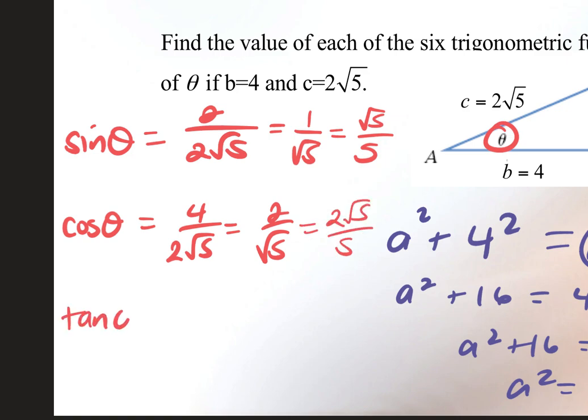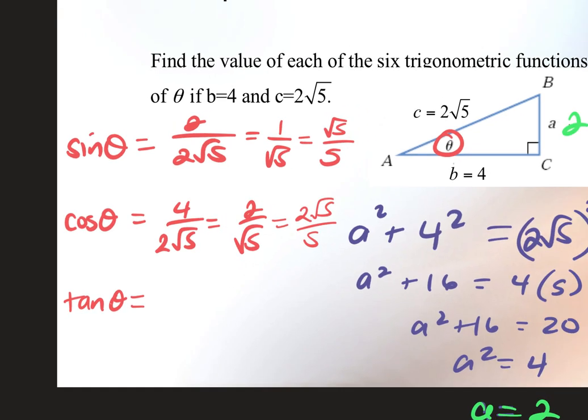And the tangent of theta is opposite over adjacent, so 2 over 4, which is 1/2. We good so far? Yeah.